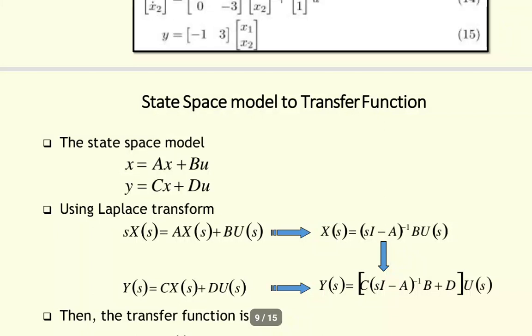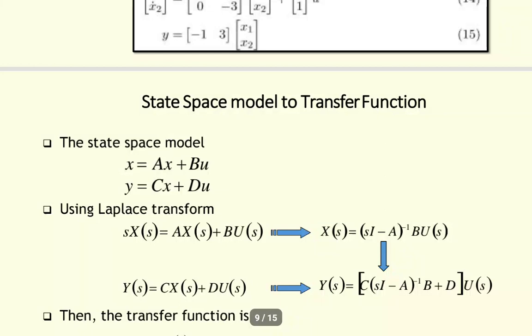So when I apply the Laplace transform to x dot is equal to ax plus bu, with zero initial condition it generates s X of s is equal to A X of s plus B U of s, which implies X of s is equal to (sI minus A) whole inverse into B into U of s.